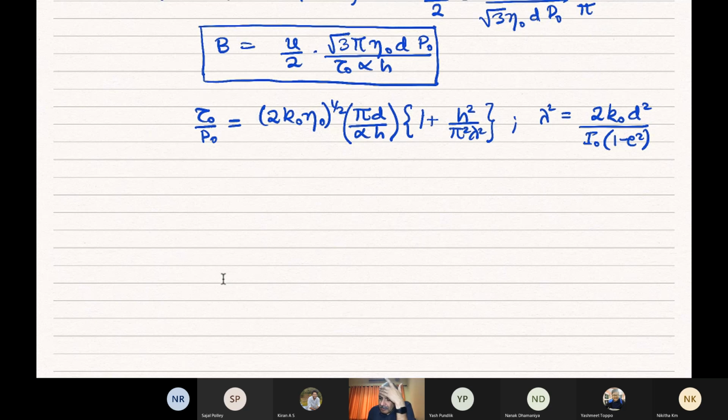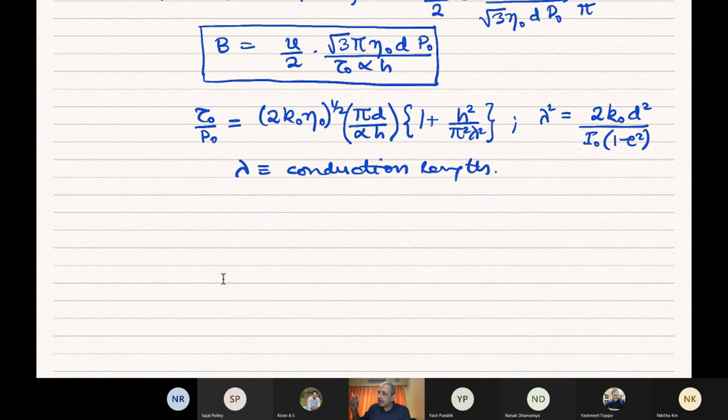So this lambda squared has a physical meaning, and lambda is the sort of, you can think of it as something called the conduction length. So K0 will tell you how far these things will diffuse, and I0 into 1 minus e squared will tell you how fast the energy will dissipate.